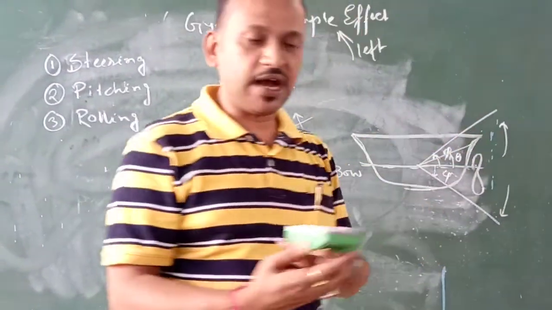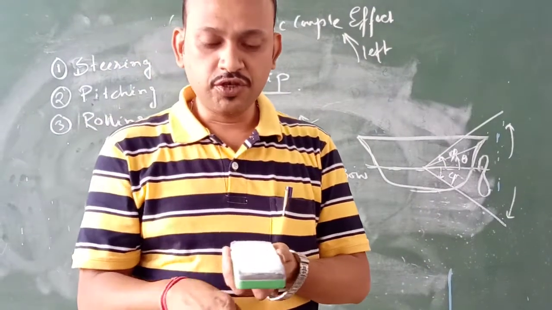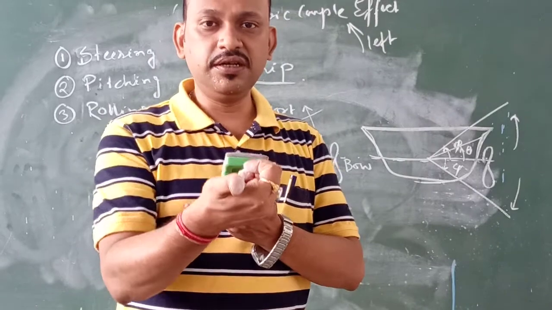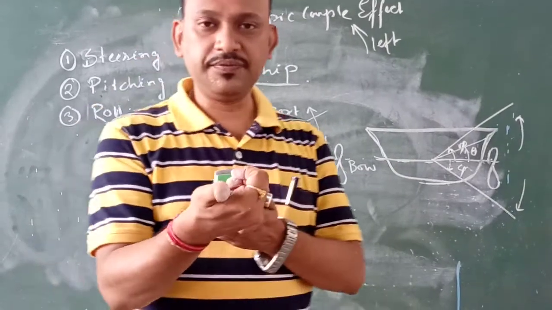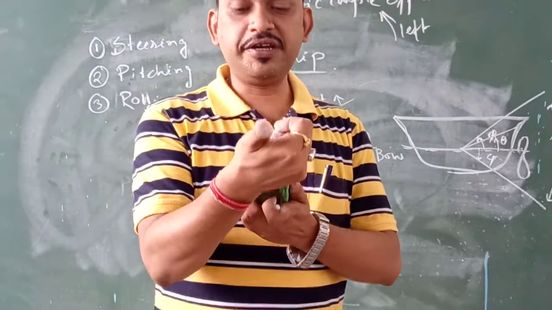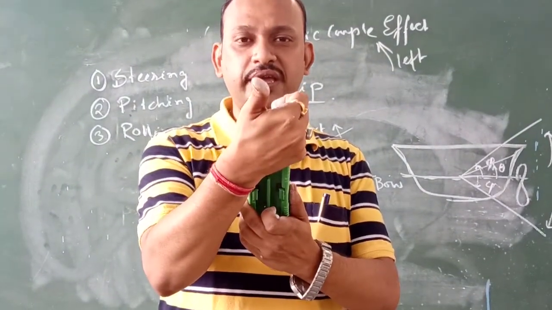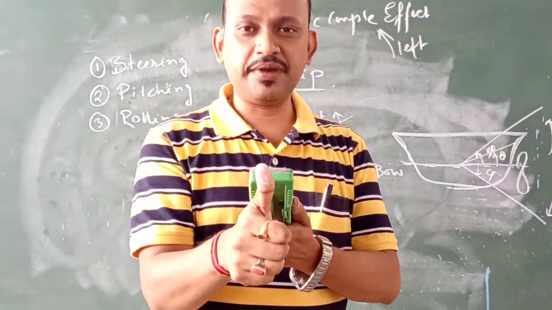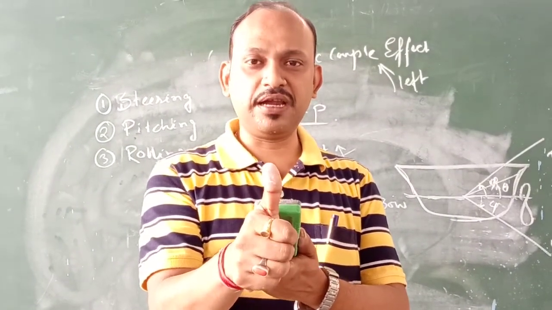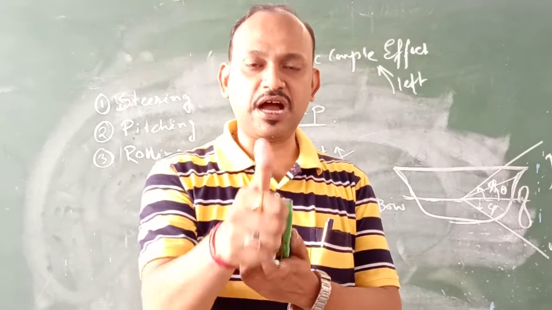When it is moving in the upward direction, what will happen? So when it is moving in the upward direction, you can see this is the direction of the velocity vector or angular momentum vector. When it is moving in the upward way, then automatically I am making a couple, or I am allowing a couple to act in the system in the upward direction.